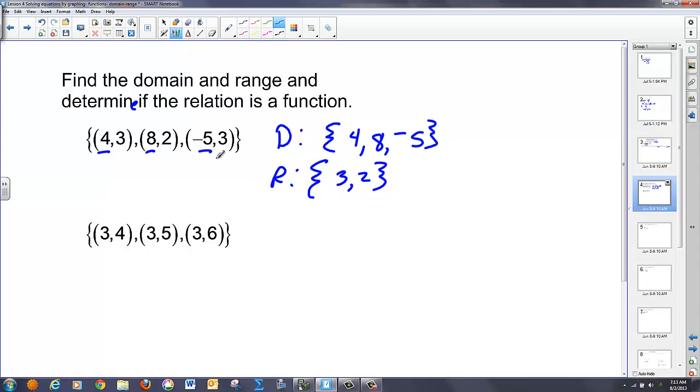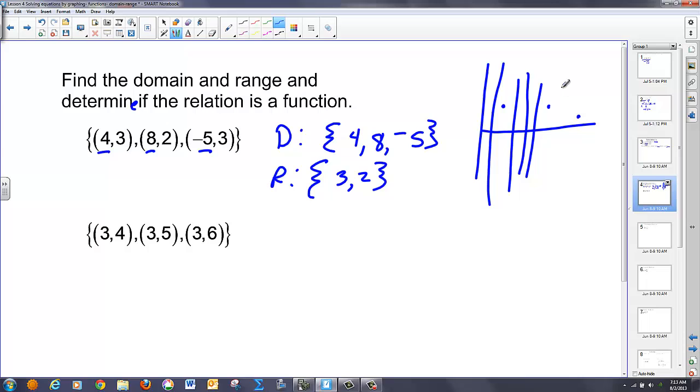Now we want to determine if this relation is a function. The way I typically do it is I'll take and plot those out. Here's 4, 3 roughly, 8, 2, -5, 3. And if after graphing my function, I find that I can draw a vertical line through any place in my graph and only touch my function in one point, it's going to be a function. So this is a function.